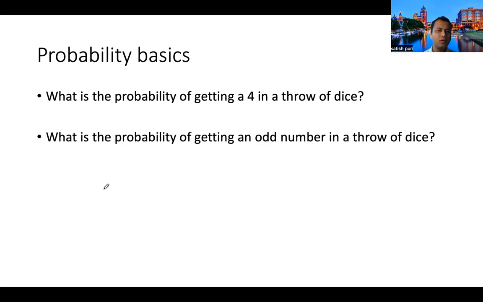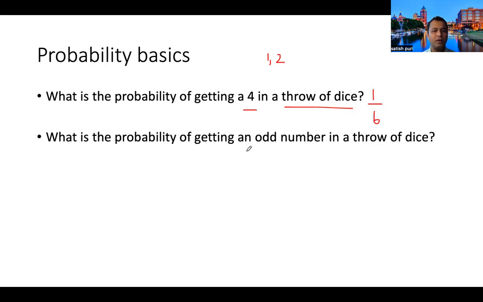Let's say you throw an unbiased dice. What is the probability of getting a 4? The dice has 1, 2, 3, 4, 5, 6, so it has 6 faces. There are 6 options, and 4 is only one of them. So 1 by 6 is the probability.